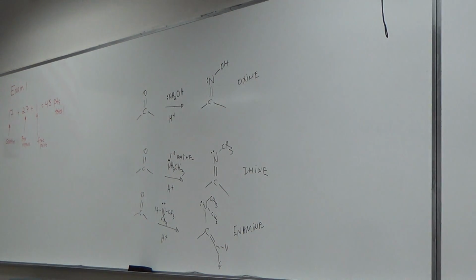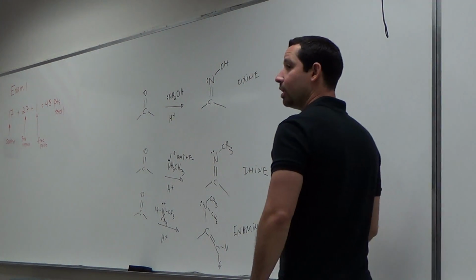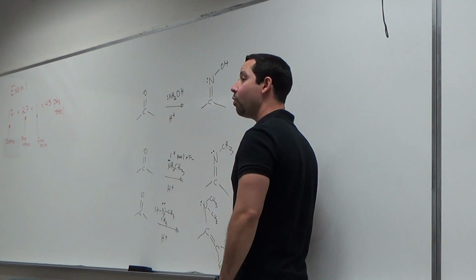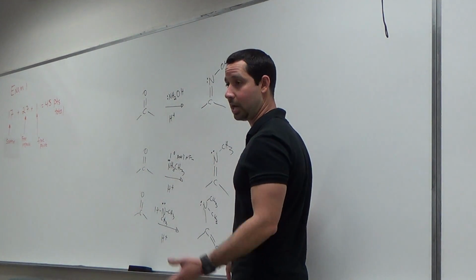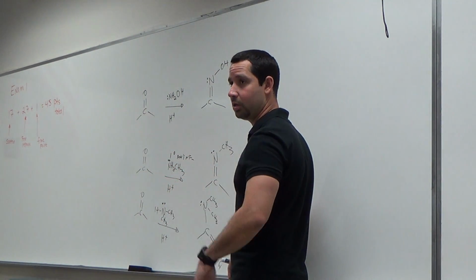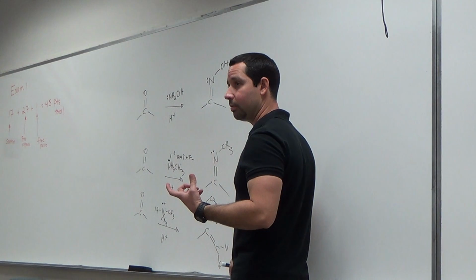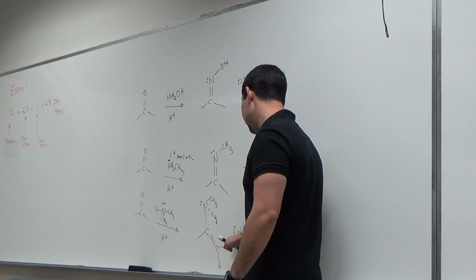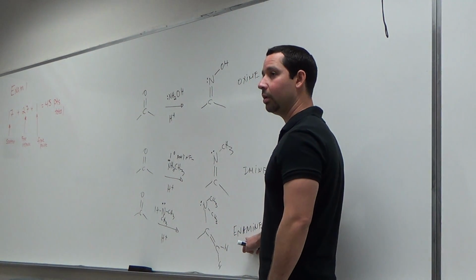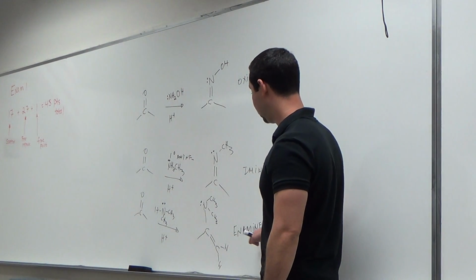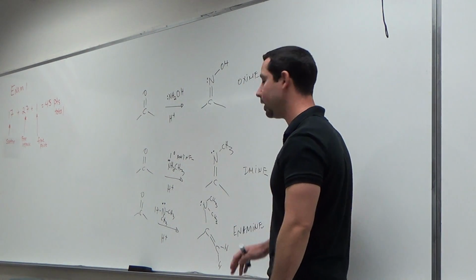Okay, whatever, doesn't matter, guys. This is an ene from where? From an enol, yes? Like an enol, you remember an enol? It was an ene with an alcohol. This is ene and the amine, so it is a double bond and an amine.